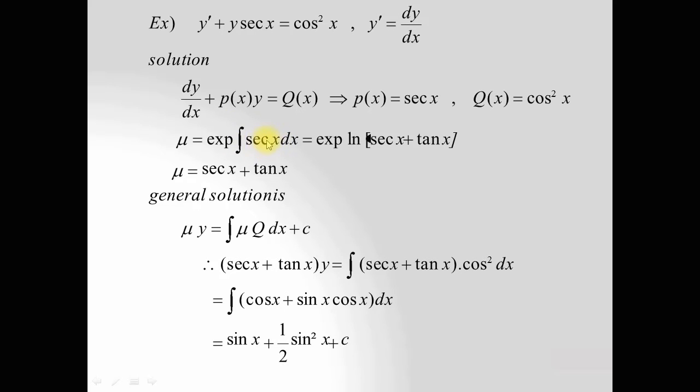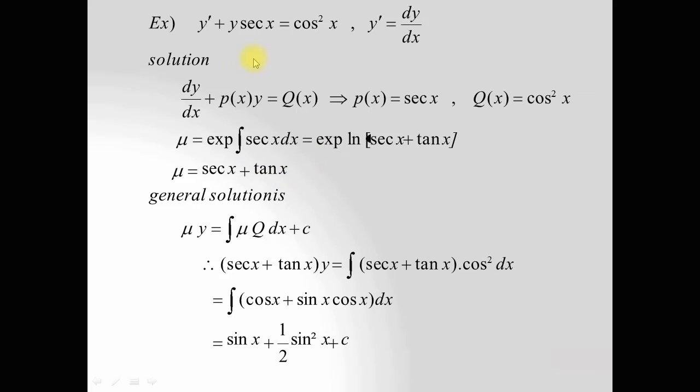So taking the integration of the p function, which is secant x, the integration of secant x is equal to natural log of secant x plus tangent x. Now e power log of secant x plus tangent x, we obtain the integrating factor as secant x plus tangent x.